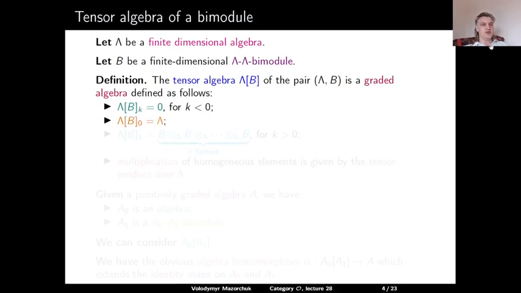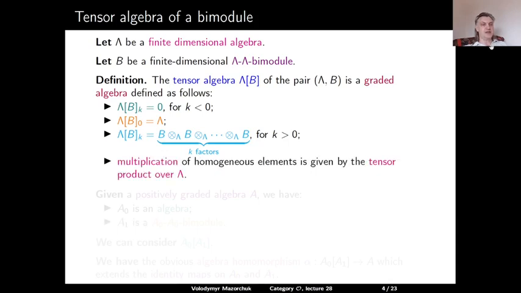The zero homogeneous component coincides with Lambda, and for a positive integer k, the degree k homogeneous component is the tensor product of B with itself over Lambda k times. The multiplication in this algebra is given by the tensor product over Lambda for homogeneous elements.